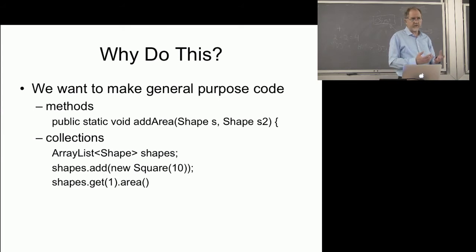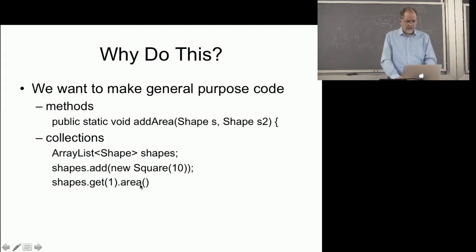Instead of an array list of circles or an array list of squares, we're holding all kinds of shapes, circles, squares, whatever inherits from that shape superclass. And it's smart enough to know when you say, hey, tell me the area of this square, it computes it for the square, not for the shape, which doesn't really exist anyway, right?